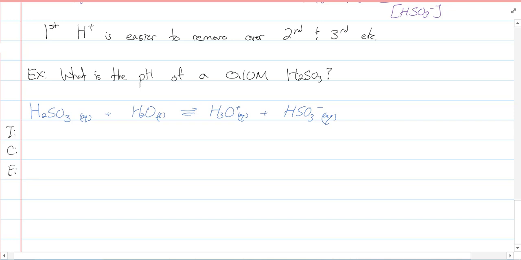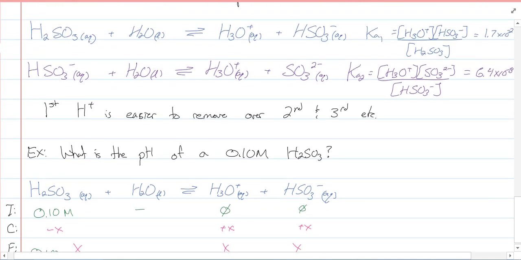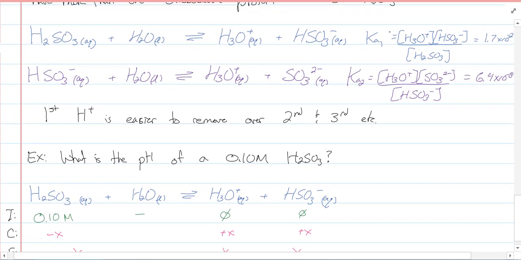Ice table. So I start with 0.10 molar acid, none and none of my products. Get a minus X, plus X, plus X. So at equilibrium, I have 0.10 minus X, X, and X. Ka1 from right there, there's our expression for Ka1 in blue here.